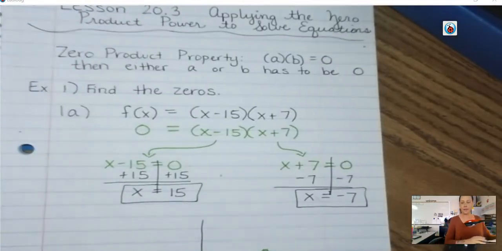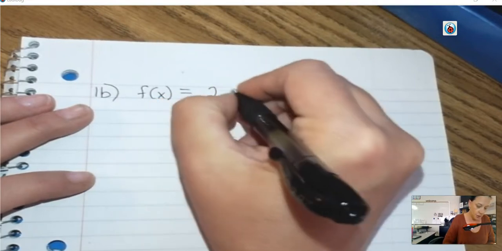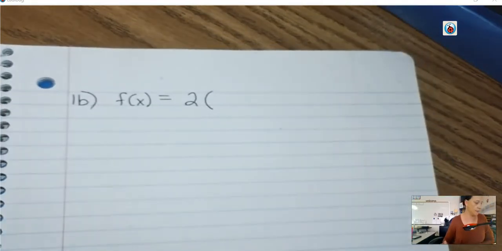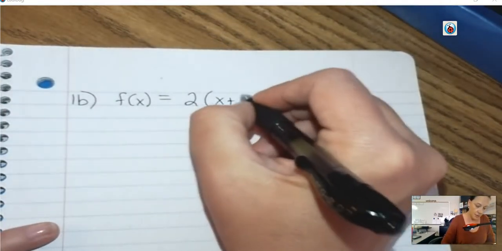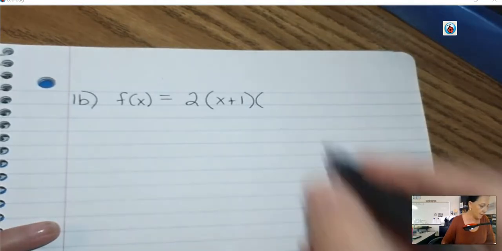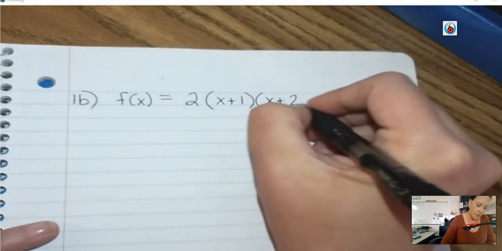Okay, let's try another one like that. Okay, 1b. F of x equals 2 times x plus 1 times x plus 23.